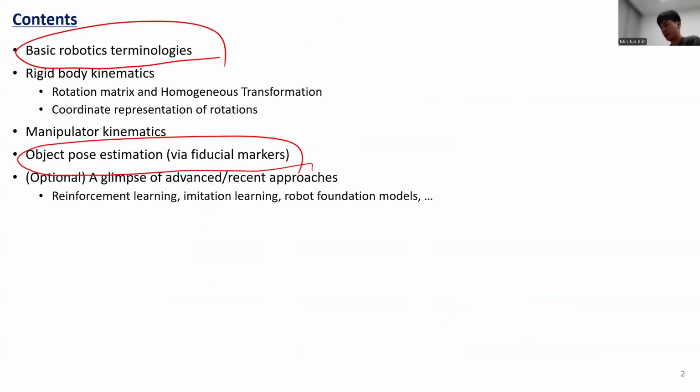And if I have time, I'll introduce some recent approaches like reinforcement learning, imitation learning, and robot foundation models like vision language models, vision language action models, something like that. All right, that's it. Thanks for listening.